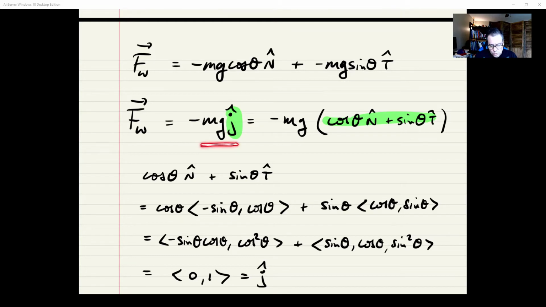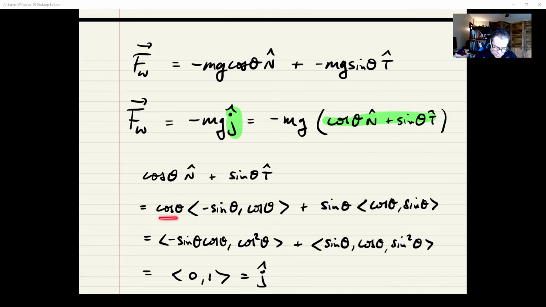This is the weight in terms of the standard unit vector j. So in other words, this unit vector j is really equivalent to the sum of these two unit vectors, normal and tangential components. So let's investigate whether cos theta times n plus sine theta times t actually comes out to be j.